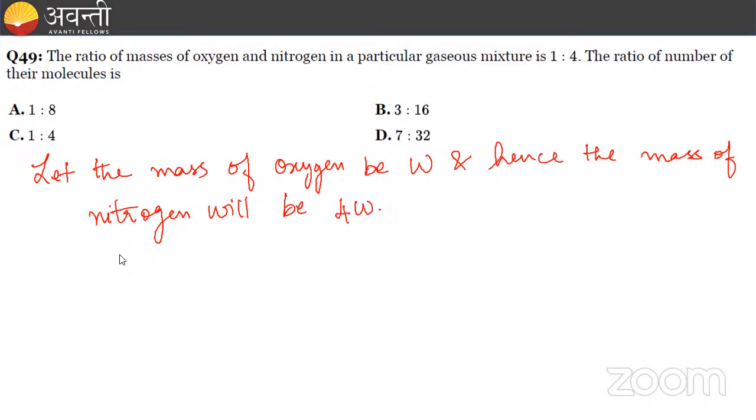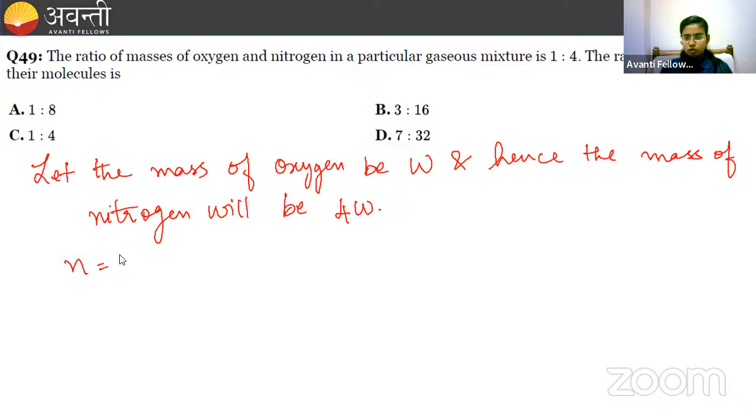We know that the number of moles is equal to mass divided by molar mass.